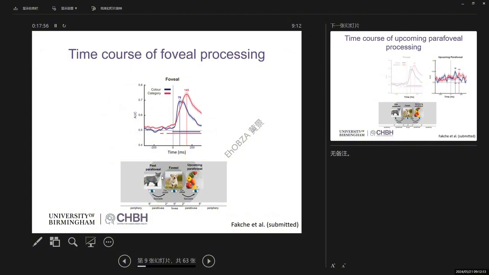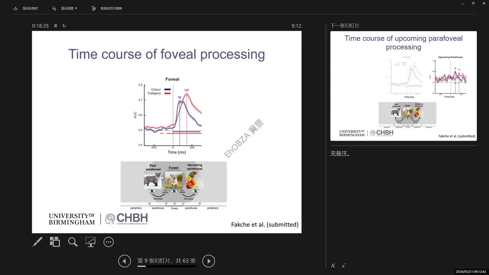So it seems that there's a sequence of processing going on in the brain. First, the feature level is being decoded, in this case color. And then there is the category being decoded, might be downstream IT, maybe in the anterior temporal lobe, at 145 milliseconds.